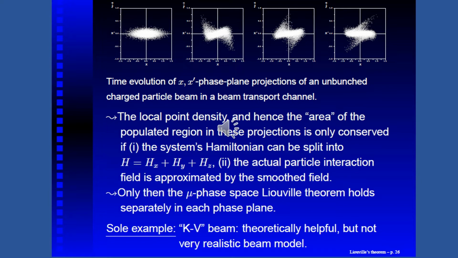The local point density, and hence the area of the populated region in these projections, is only conserved if, number one, the system's Hamiltonian can be split into H equals Hx plus Hy plus Hz; number two, the actual particle interaction field is approximated by the smoothed field. Only then does Liouville's theorem hold separately in each phase space.